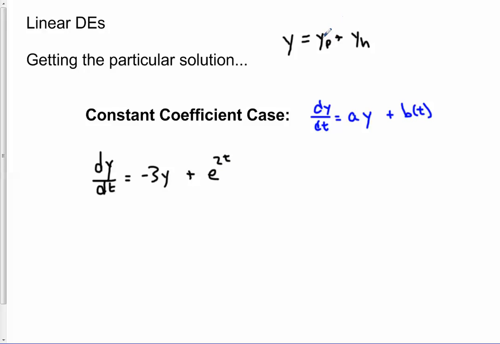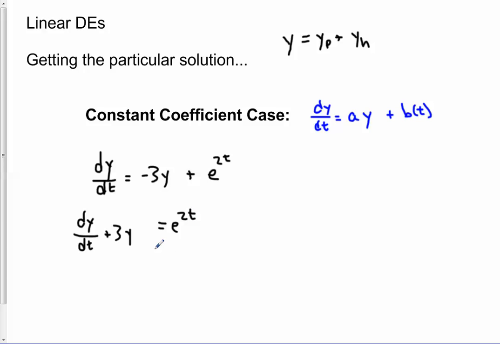And then, like I said, we'll add it to the homogeneous, which we can figure out with no sweat, and then we'll be good. All right, well, here's the idea. If I move the minus 3y over to the other side just for a second, I get that the derivative of y plus 3 times y is going to be e to the 2t.